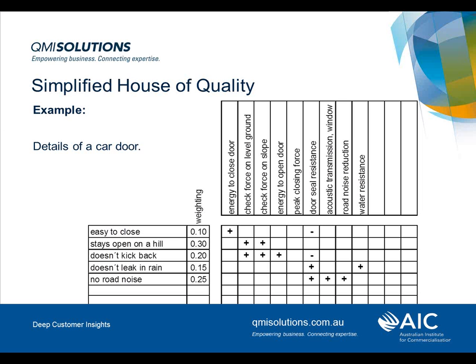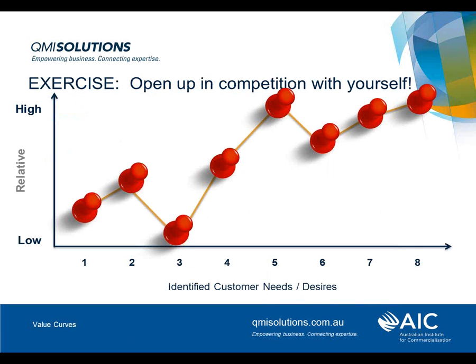But for most businesses, value curves are good. You can actually put a scale on the left-hand side and rank it, but of course every single one of these will have a different rating system because they're a different requirement, a different customer need or desire that isn't necessarily measured numerically. But you can build that in.